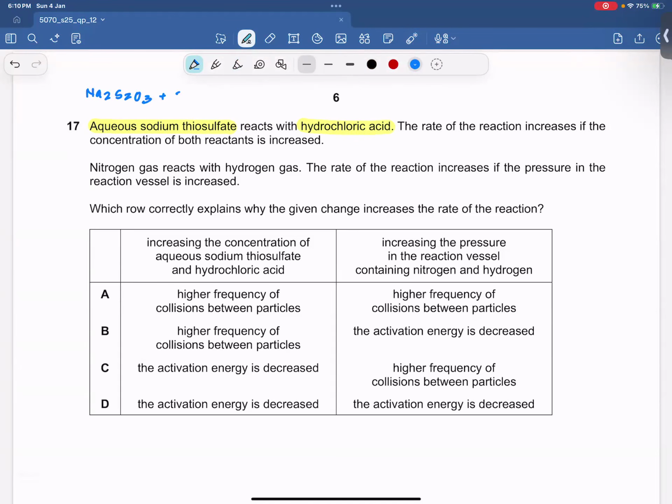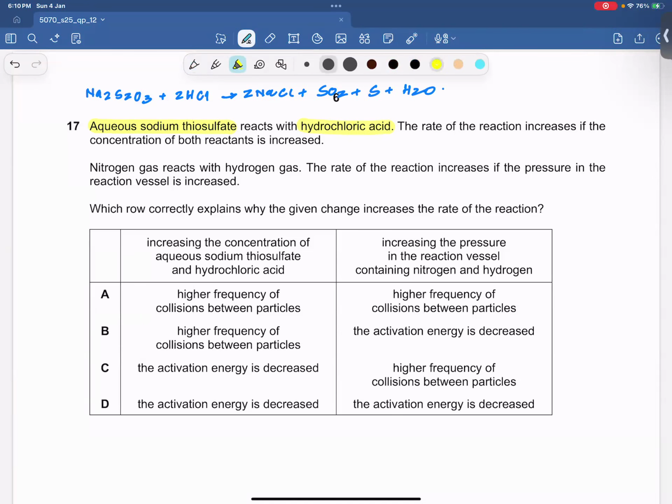It is reacting with hydrochloric acid, which is HCl, converting into sodium chloride, sulfur dioxide, sulfur, and obviously water.